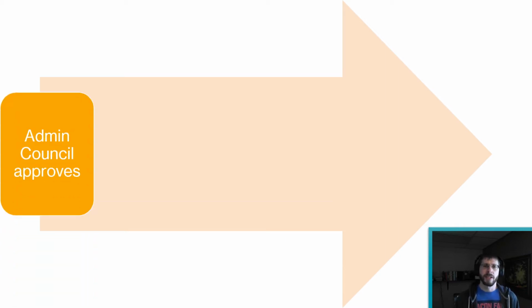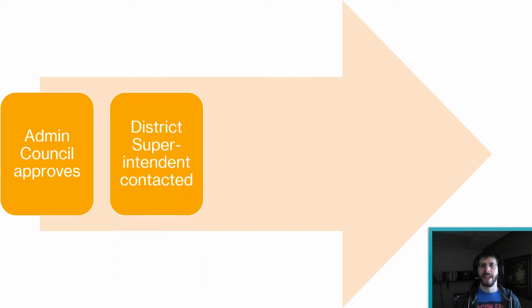First of all, the administrative council is going to have to approve it, or whatever you call your top church board. Maybe it's your lead team or whatever. The trustees might bring it to the administrative council for them to vote on, but it won't move forward until the administrative council approves. As soon as that happens, you need to bring your district superintendent into the know.